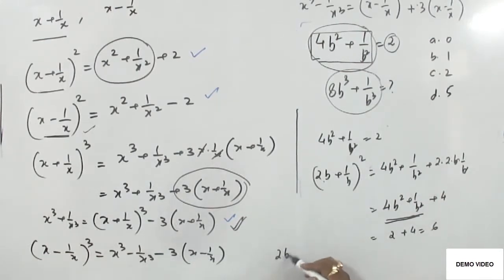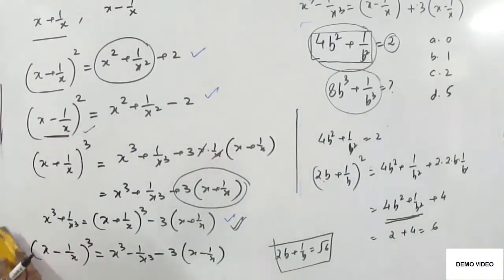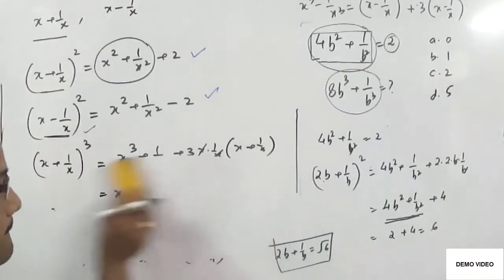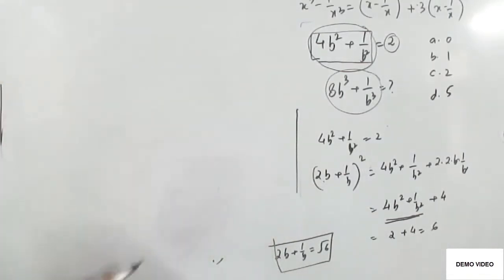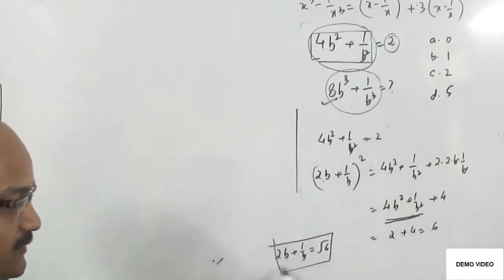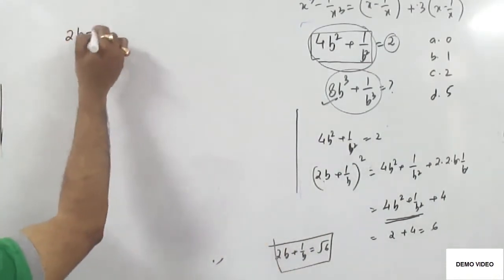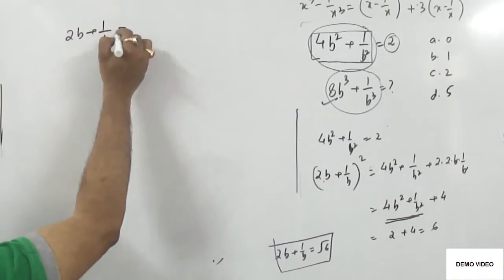Now the formula for cube, (a plus b) whole cube, is a cube plus b cube plus 3ab bracket a plus b. Now a is 2b. (2b) cube plus (1 upon b) cube plus 3 into 2b into 1 upon b, bracket 2b plus 1 upon b, is equal to 6 root 6.